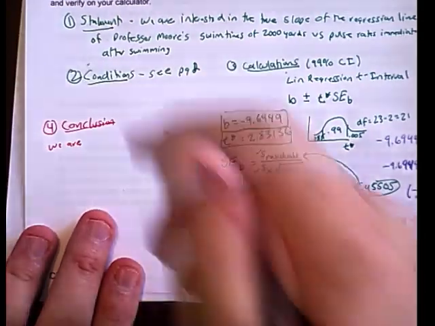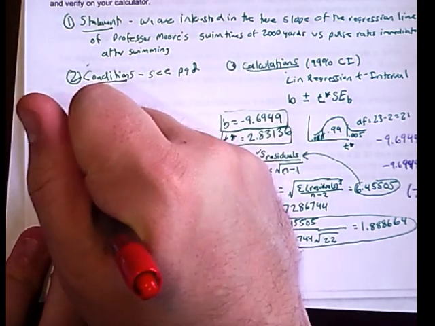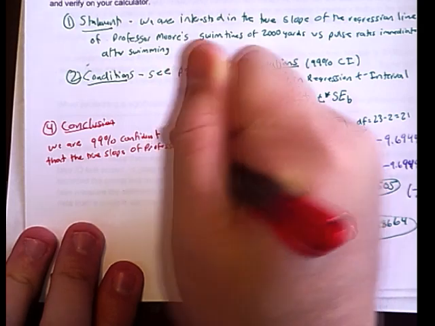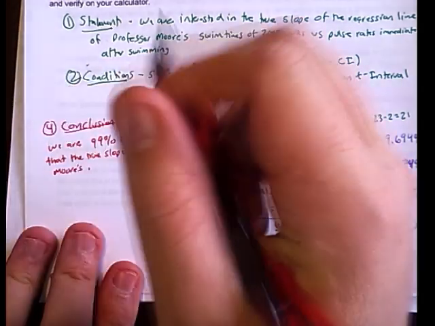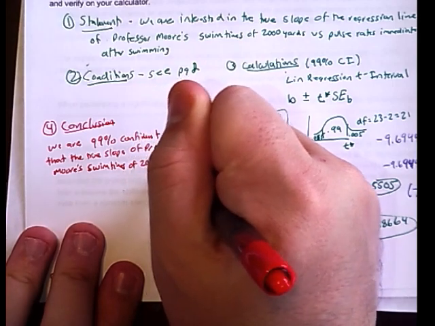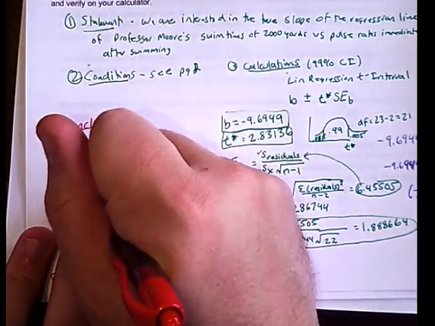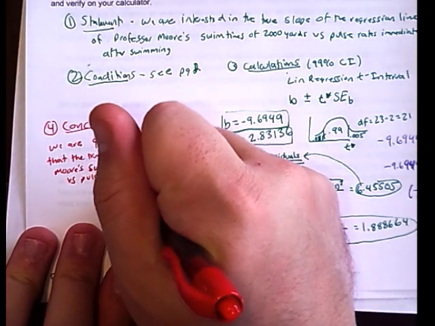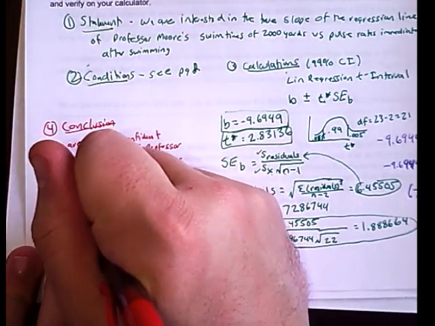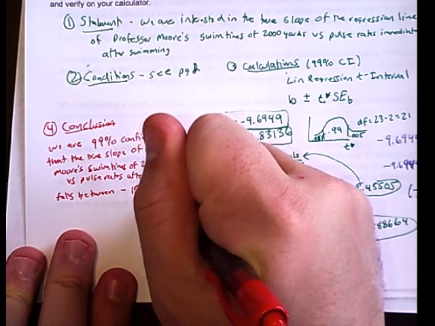We are 99% confident that the true slope of Professor Moore's swim times of 2,000 yards versus pulse rates after swimming falls between negative 15.042 and negative 4.347.